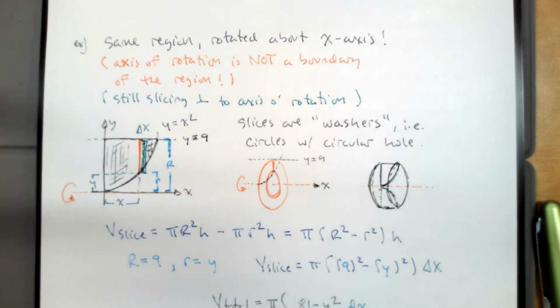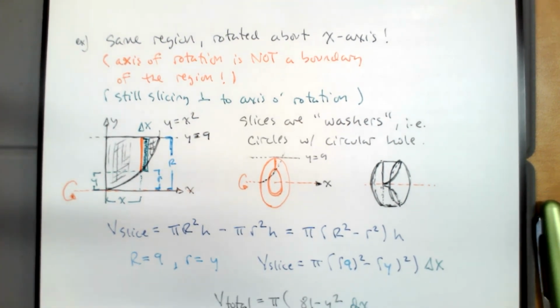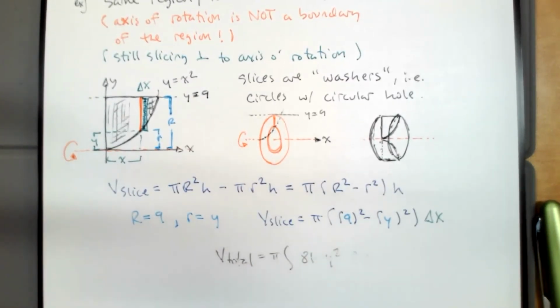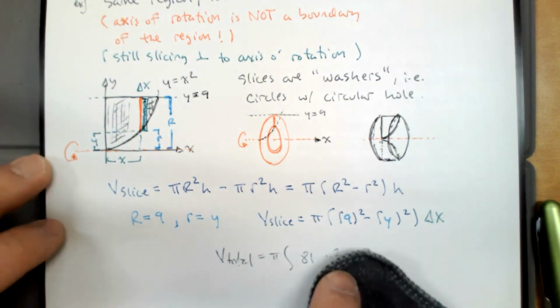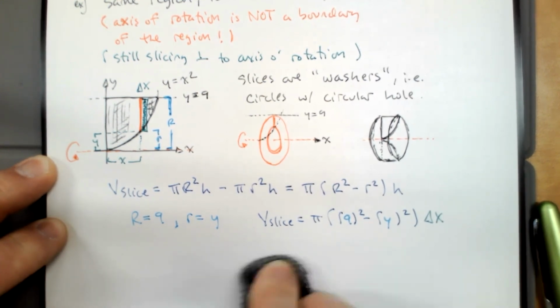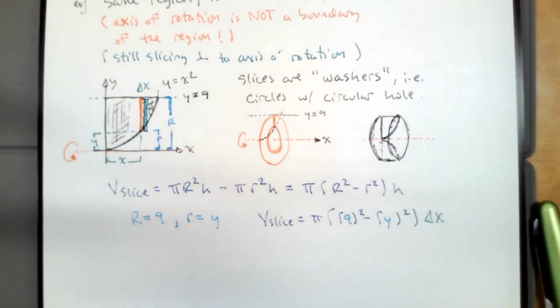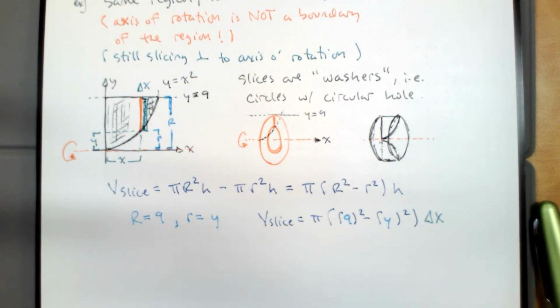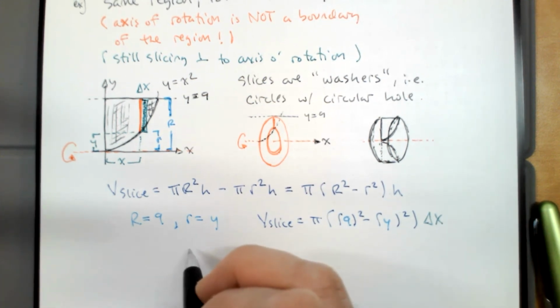I skipped something. What did I skip? Yep, R is still in terms of y. I don't want R in terms of y. I want R in terms of the delta variable, which is x.